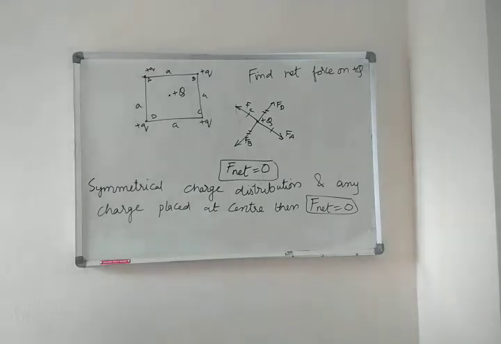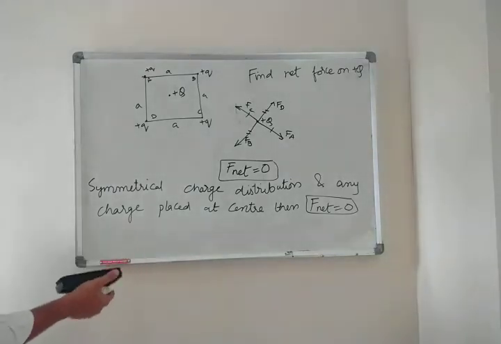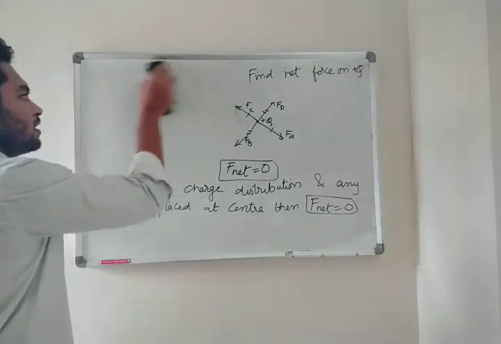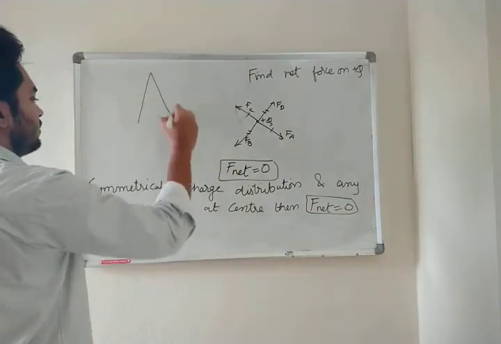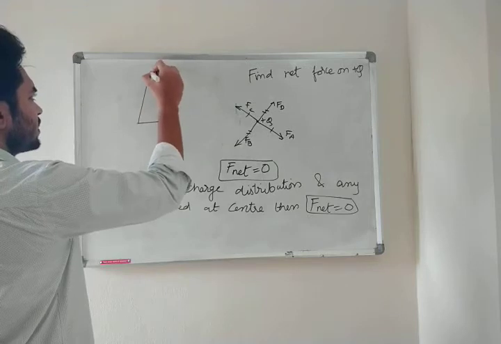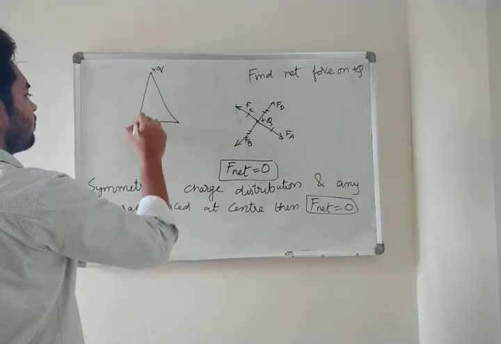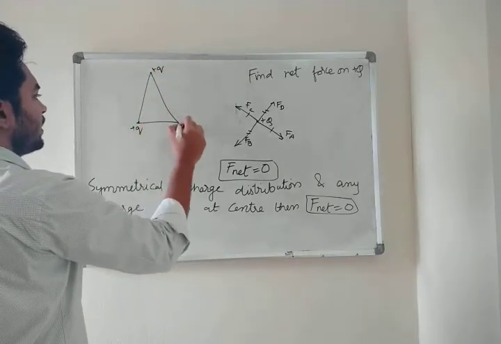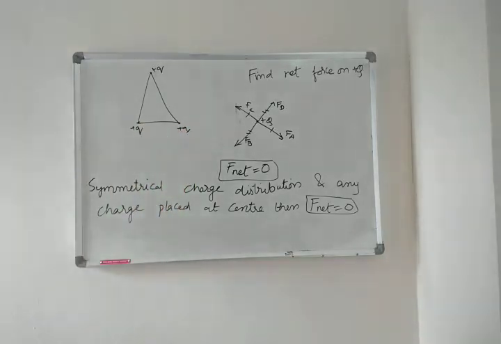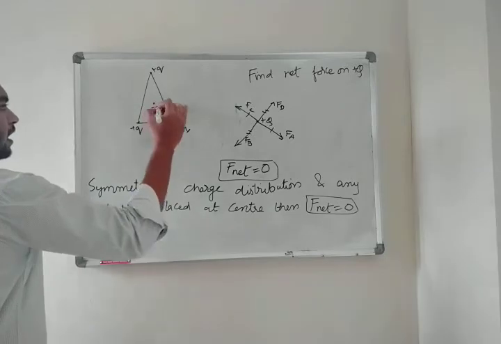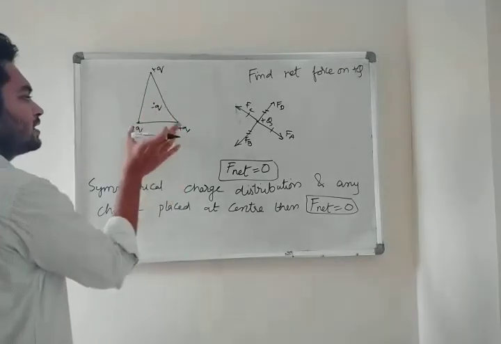Similarly, note this down, if you consider the shape of a triangle also, then also it is fine. Let us take plus Q and plus Q. In the middle, if you put a negative charge, then also here it is symmetrically distributed.